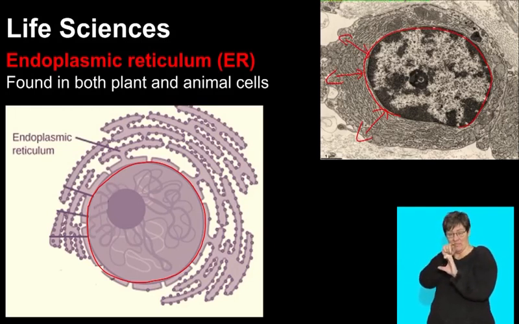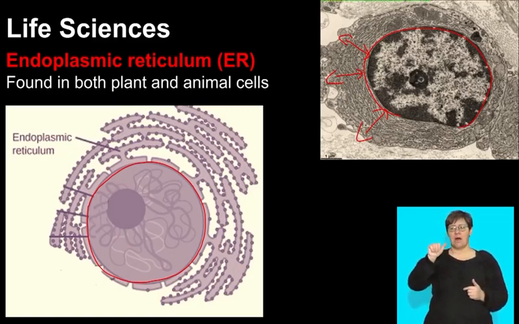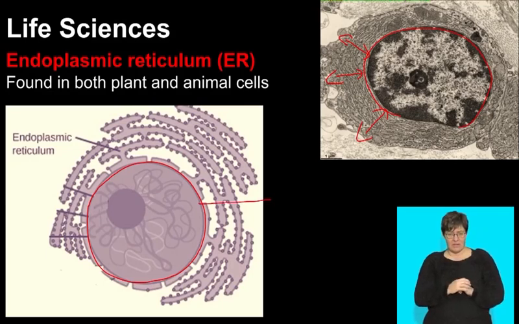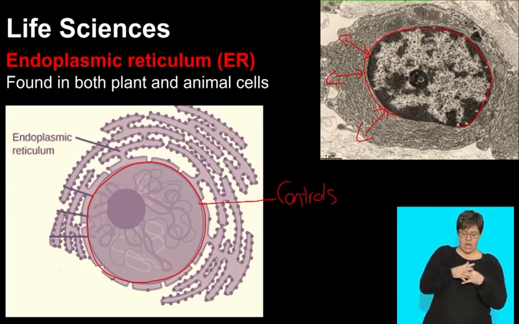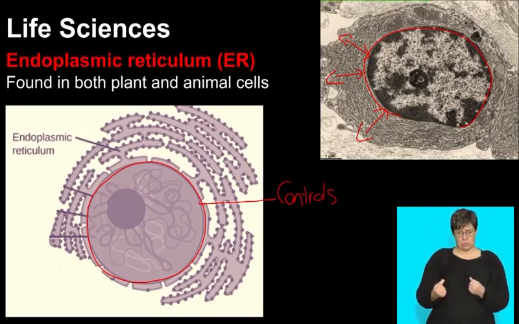Now, if I was to say to you, what does this look like? I don't know if you understand the concept of a labyrinth. A labyrinth is pathways that go throughout. Now, the nucleus controls the cell. It tells all the organelles what to do.